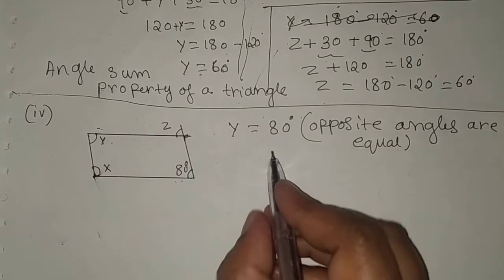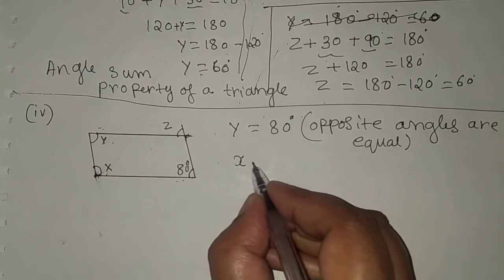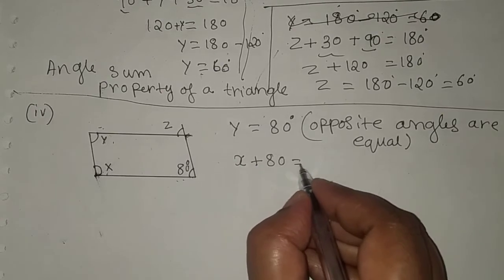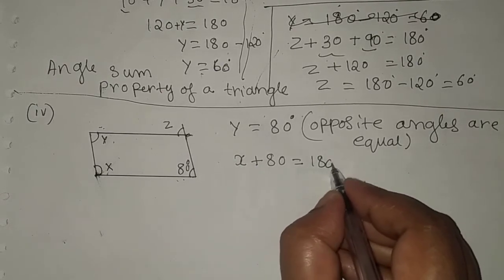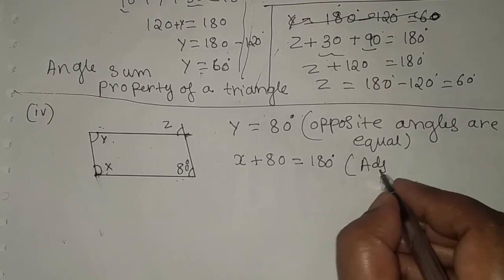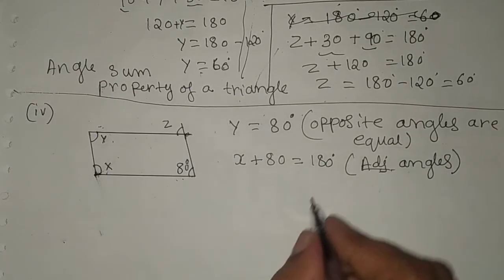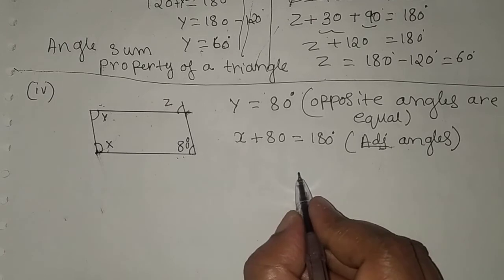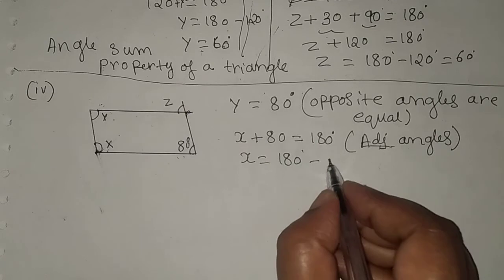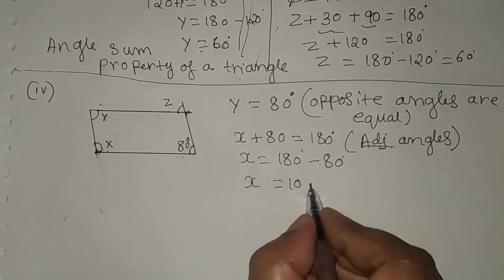So next step is, what we have to do, add these two, that is X plus Y, 80, is equal to 180. So adjacent angles, adding these two, 180 we got. Next X is equal to 180 minus 80, which is how much? X is equal to 100 we are getting.